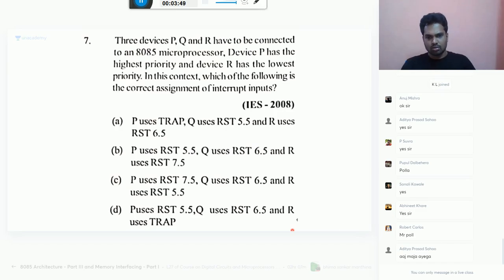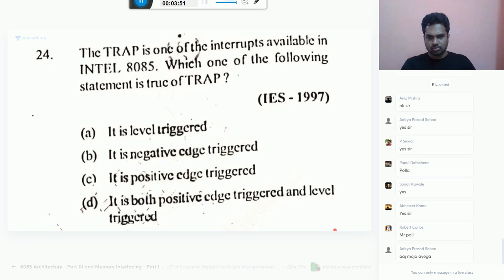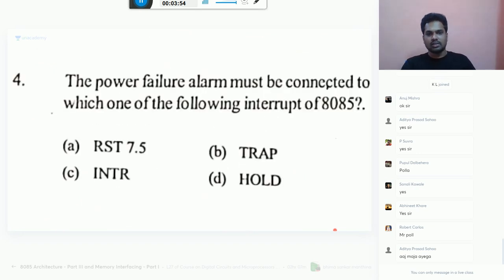Okay. So let's start with the first poll.